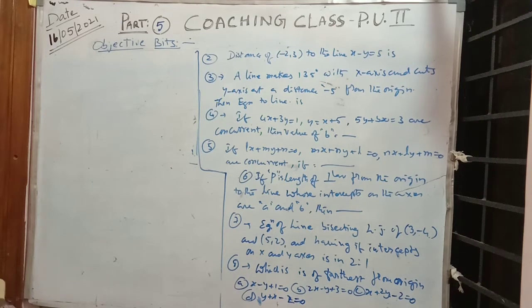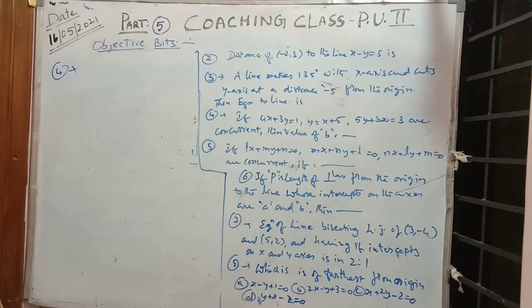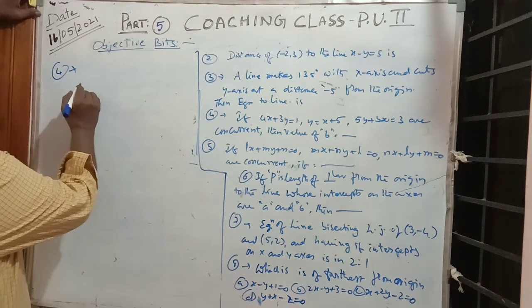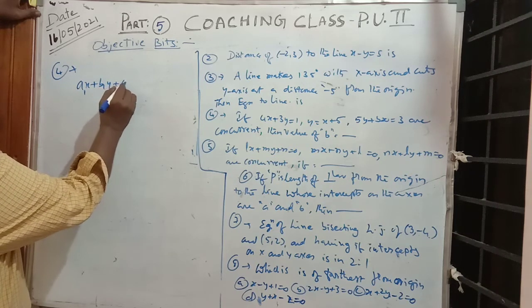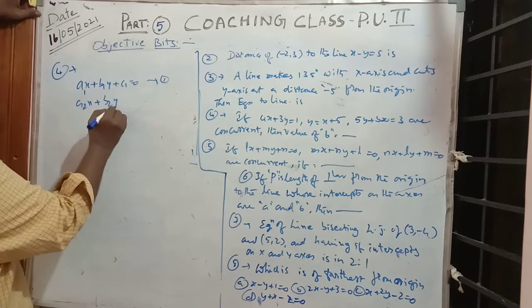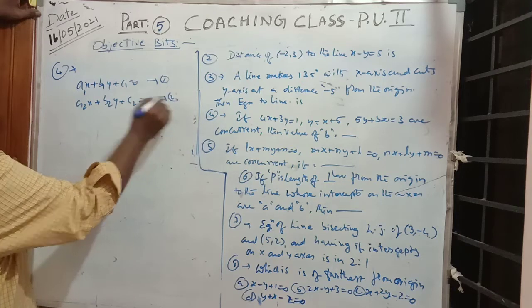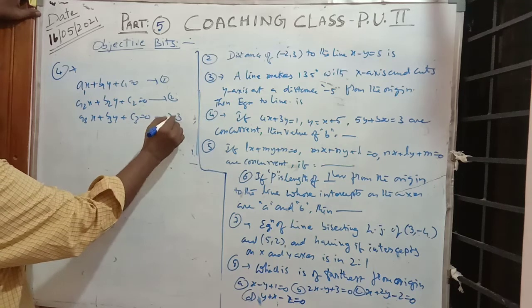Next, fourth one. The fourth one is similar. Okay, observe the fourth one. We are given 3 lines. A concept is: suppose a1x + b1y + c1 = 0 is the first line, a2x + b2y + c2 = 0 is the second line, and a3x + b3y + c3 = 0 is the third line.